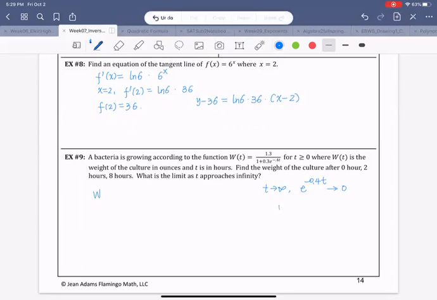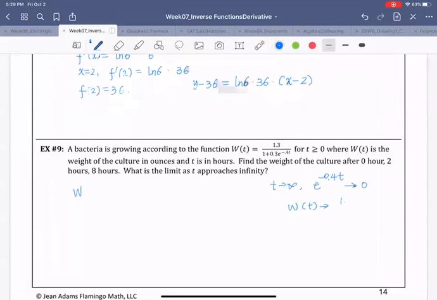So W(t) is going to 1.3 over 1 plus 0. That's 1.3.